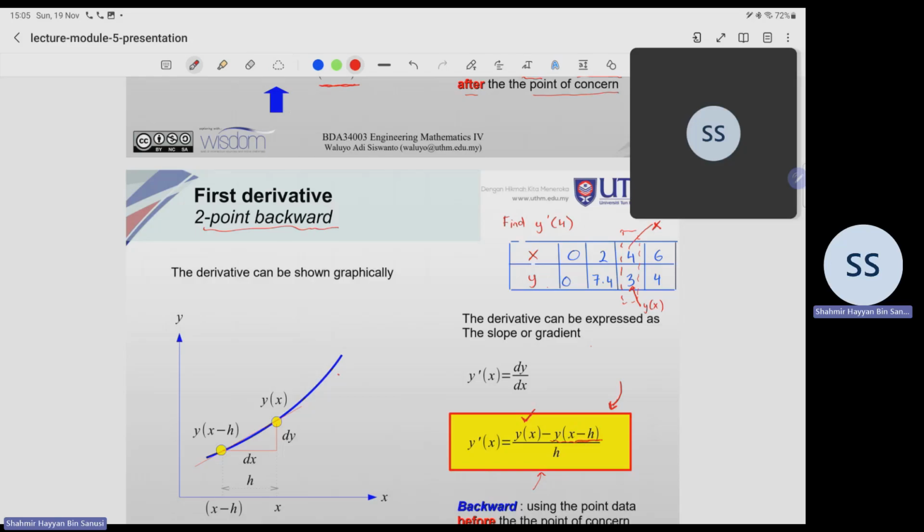This is our y(x minus h), so this is x minus h, and our y(x minus h) is this value, which is 7.4. How about the h value? The h value is the distance between these two, which is 2.